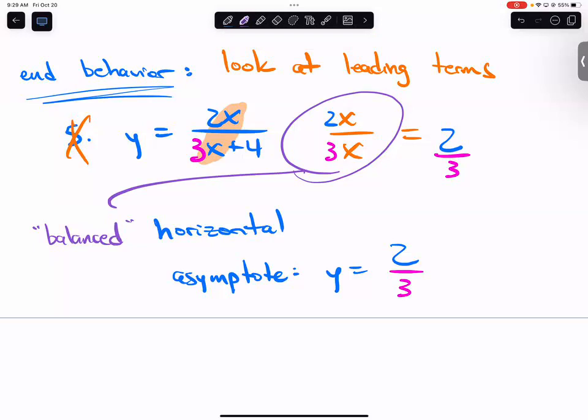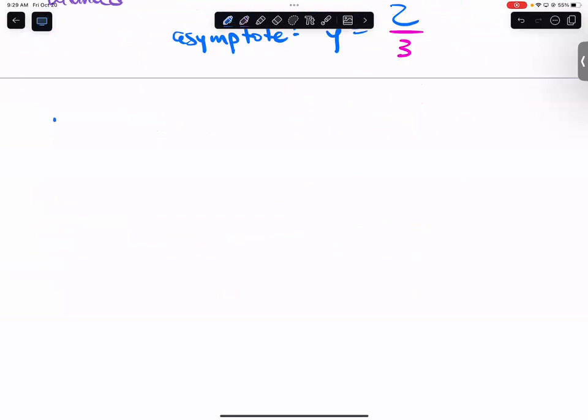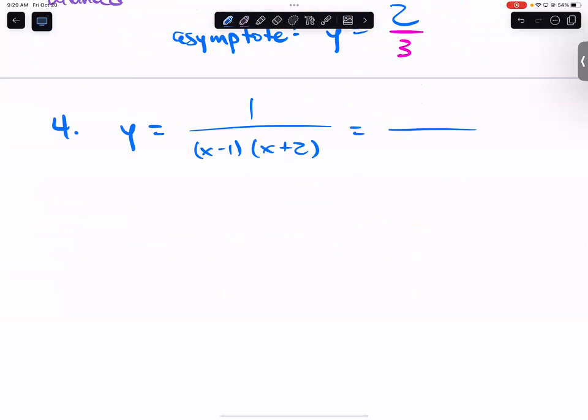Okay, let's do the same thing with number 4. I need the leading terms. It's factored. I'm not going to actually multiply the whole thing out, but I am going to do enough to see what the leading term would be. So in the denominator, x times x would be x squared, and everything else is going to be smaller than that, right?